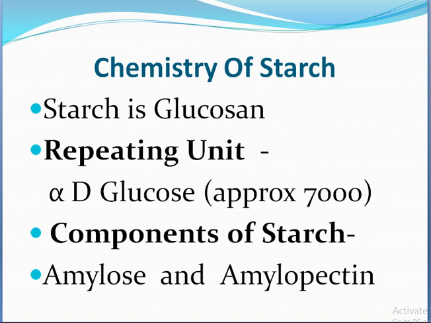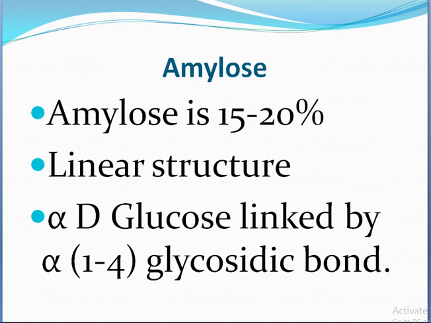Starch is composed of two main components, amylose and amylopectin, where amylose is about 15 to 20% of the total starch, and amylopectin is 80 to 85%.